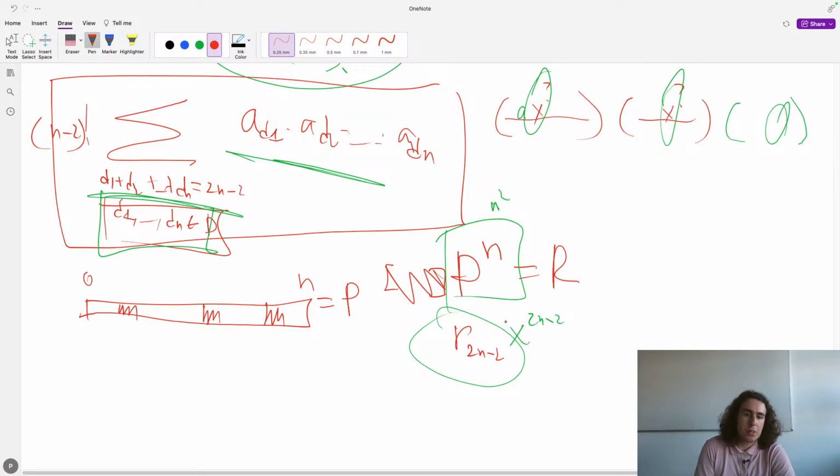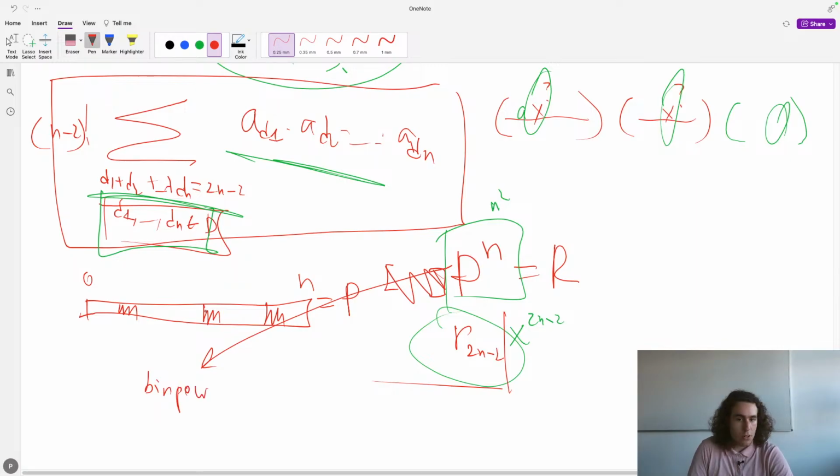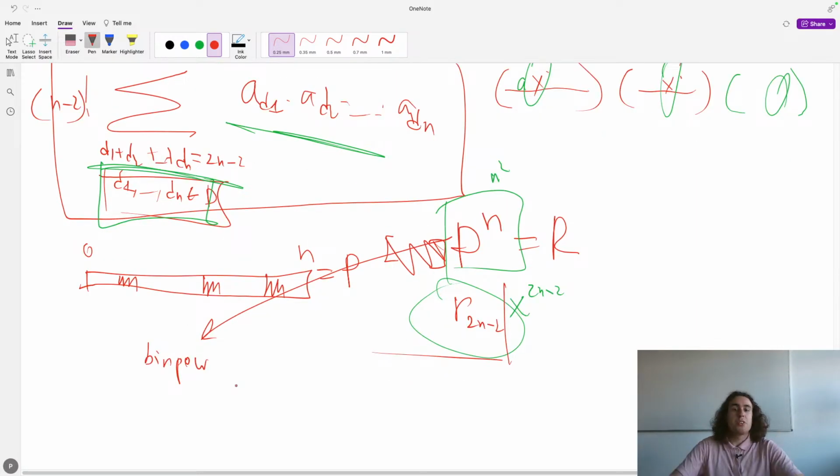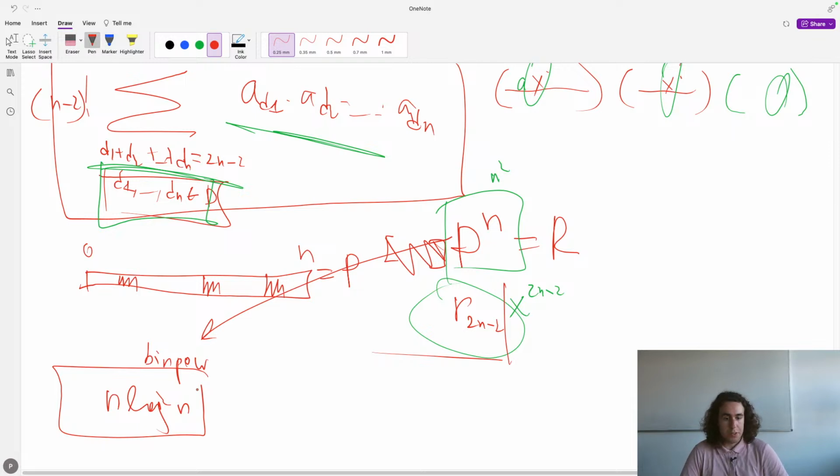We only care about powers up to 2n minus 2. Larger powers do not influence us anymore. So we're just going to run binary exponentiation on this, and every time we multiply, we're just going to keep only the powers up to 2n minus 2. And then it's going to be n log squared n time to calculate the answer, right?